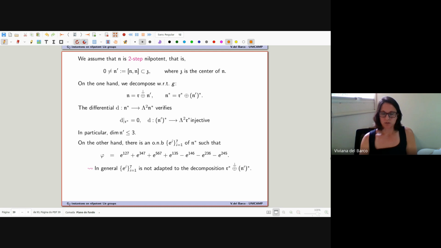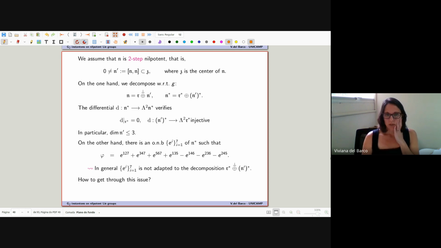We would like it to be adapted so that the G2 structure and the algebra structure are compatible in some sense, so that the computation of the differentials, of the torsion, of the curvature, and so on, and the instanton equation become solvable, or treatable.